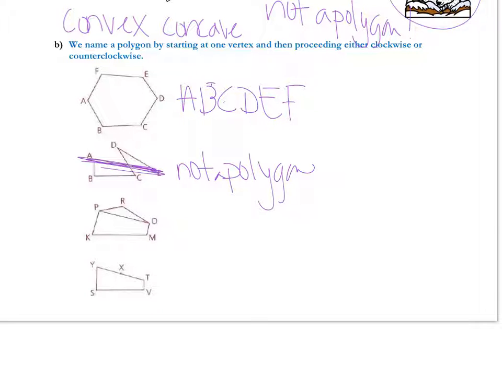Okay. In this example right here, it's kind of tough because I could see you guys thinking, well, wait a minute, there's 2 of them in here. So we could say polygon KPOM, we could say PRO, or we could say KPROM.